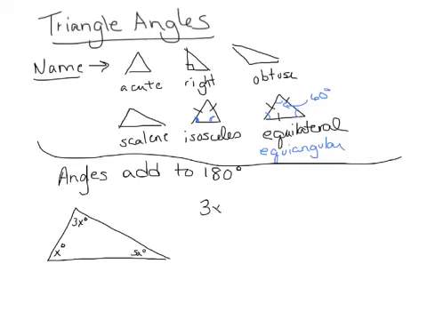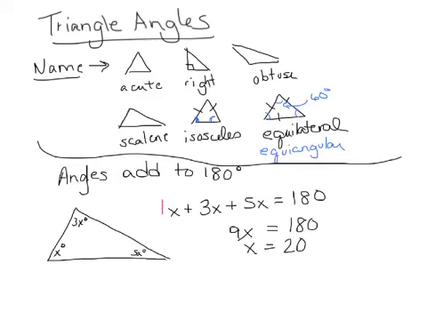Basically, those 3 angle measurements, x plus 3x plus 5x, need to add up to equal 180. So x plus 3x plus 5x is 9x, because remember there's an unwritten 1 in front of the x. So 9x will equal 180 degrees, so x will end up equaling 20 degrees.